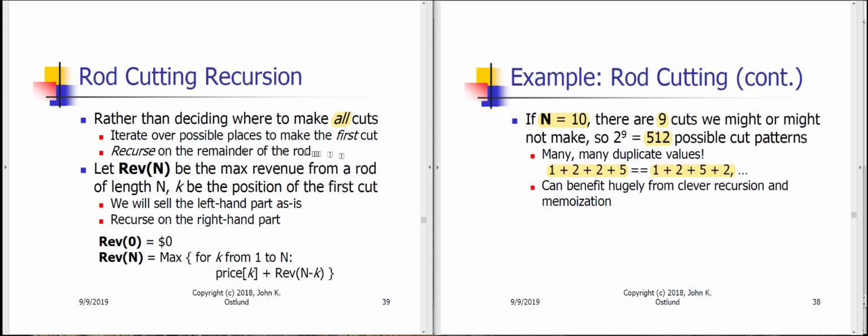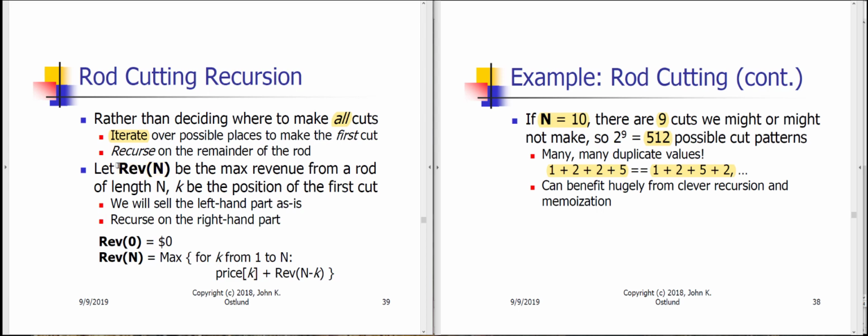So what we're going to do instead is to iterate over all of the possible places where we might make the first cut, and if we can figure out the maximum possible revenue from making the first cut at 1 foot versus making the first cut at 2 feet versus making the first cut at 3 feet and so forth, we will have figured out, after we've checked all of those possibilities, what the maximum possible revenue is that we can generate from an N-foot piece of rebar.